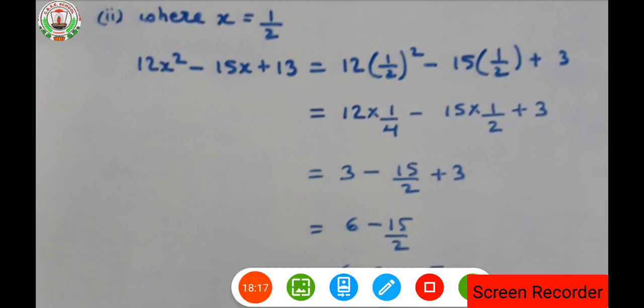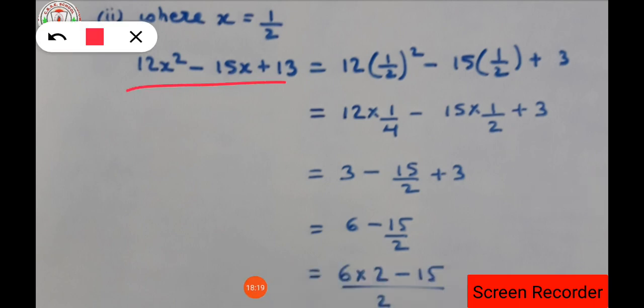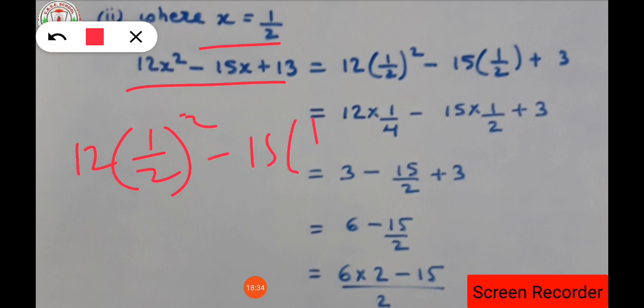Now the next one is the same. As we have the same expression for the second part of question number 4, we have to put x as 1 by 2. So 12x square, that means 12 times 1 by 2 whole square, minus 15 times 1 by 2, plus 3. Here I had written 13, it will be 3.